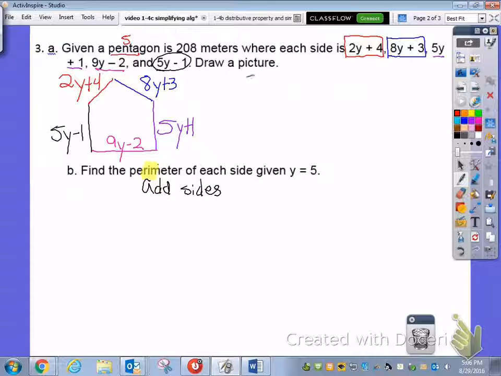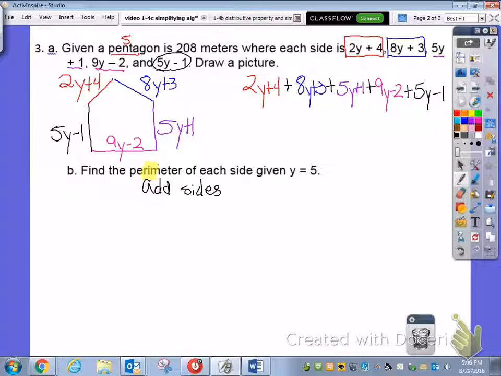So my sides, I have 2y plus 4 plus 8y plus 3 plus 5y plus 1 plus 9y minus 2 plus 5y minus 1.